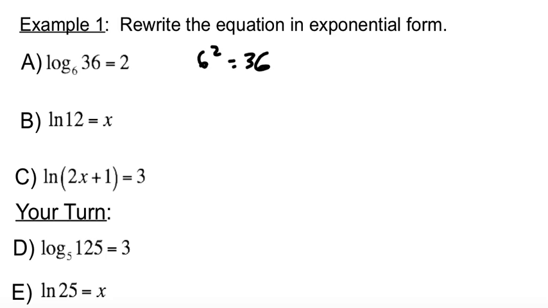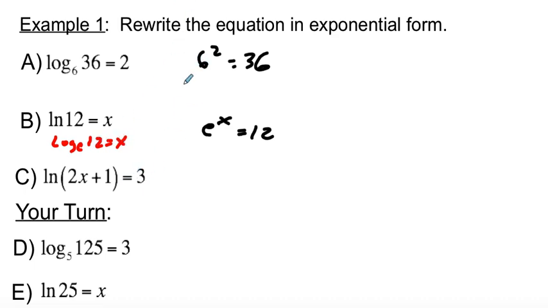Letter B, the natural log of 12 is the same thing as log base e of 12. And so we can rewrite that. It becomes e to the x equals 12. Our base is e, the power is x, it's equal to 12.